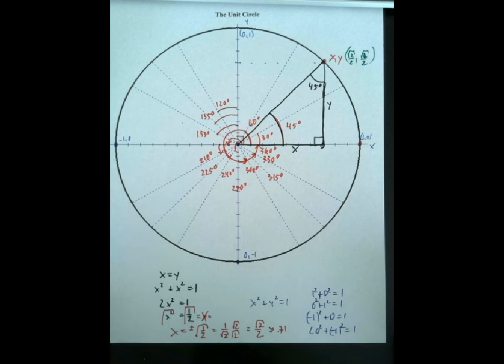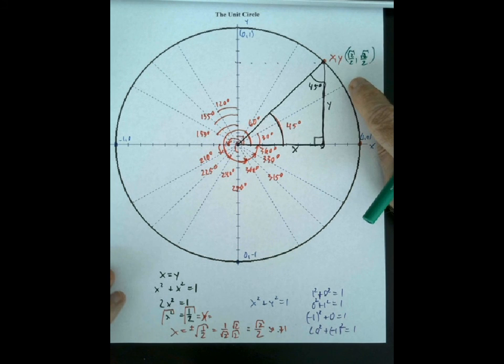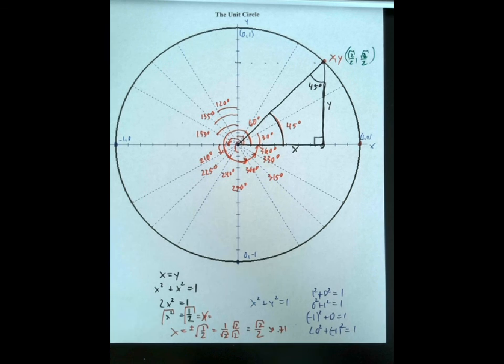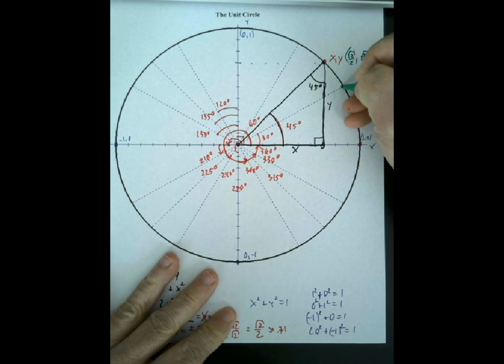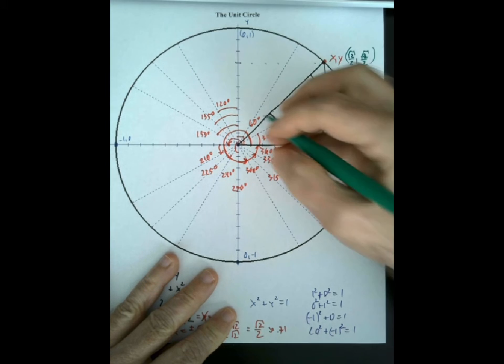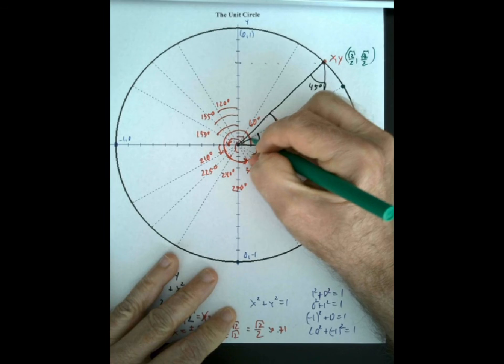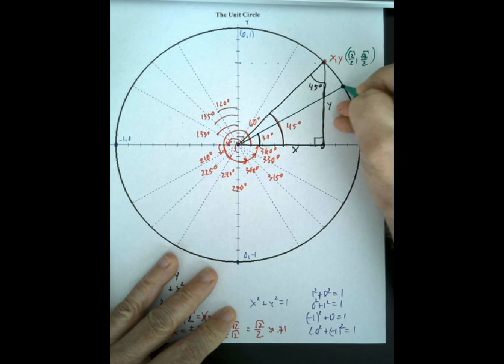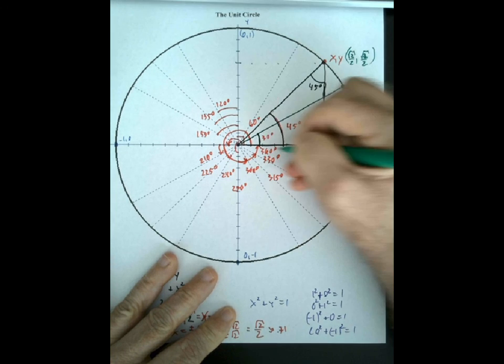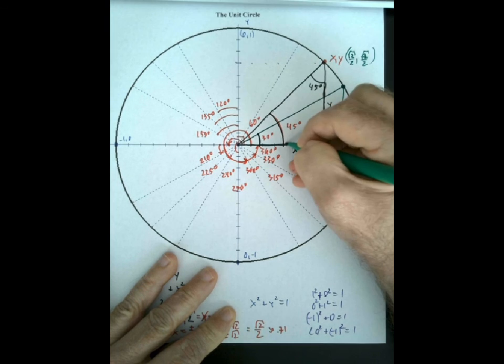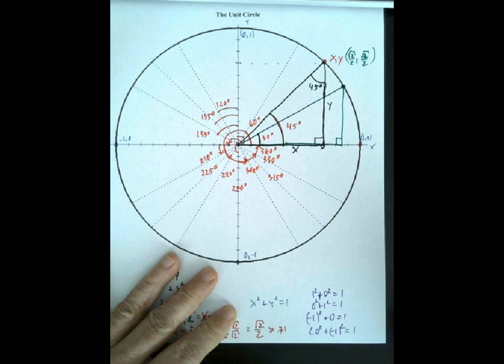Okay. Now, using a 30, 60, 90 triangle the same way, and the ratios that you learned in the 30, 60, 90 triangle, which I won't go into here, it turns out that this point that's associated with the 30-degree angle, I'm going to make this one green. This is a 30, 60, 90 triangle.